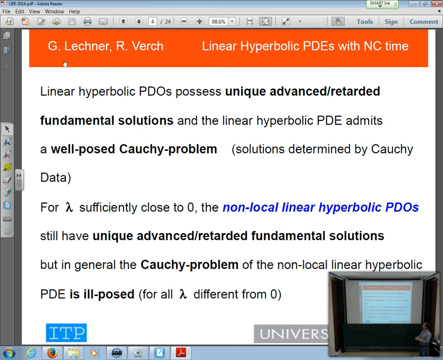For lambda sufficiently close to 0, the non-local linear hyperbolic partial differential operators can still have unique advanced and retarded fundamental solutions, provided you impose sufficient regularity on this W term, of course. But in general, the Cauchy problem of the non-local linear hyperbolic PDE is ill-posed.